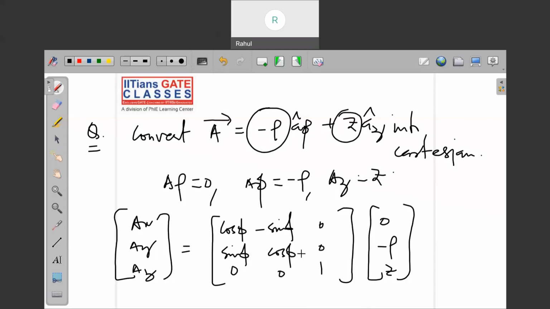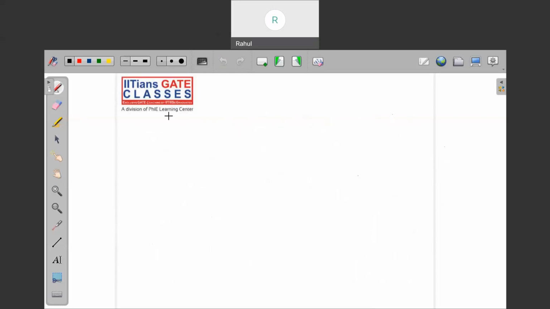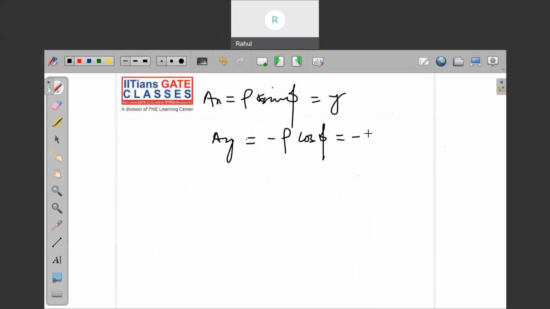So rho sin phi you will get as x. So A x you are going to get here is rho sin phi, which is equal to y. And A y you are going to get here is minus rho cos phi, which is equal to minus x, and A z is going to be Z.